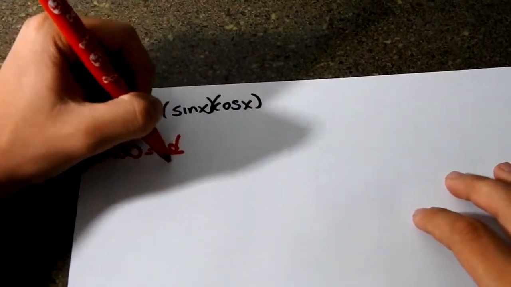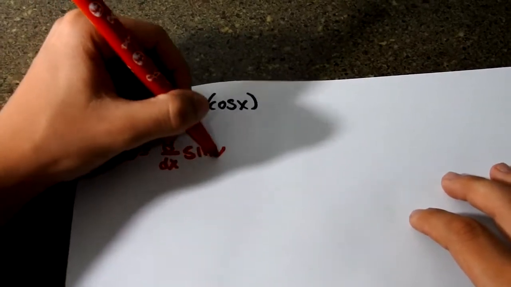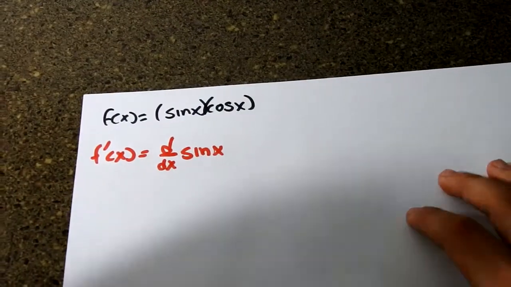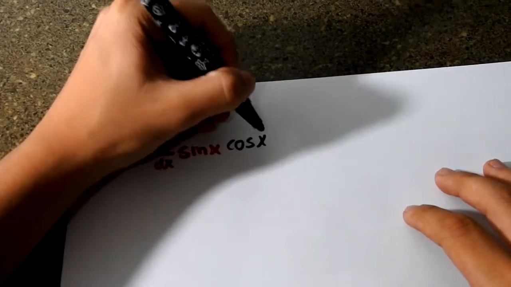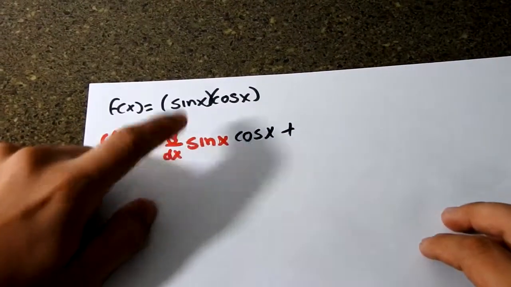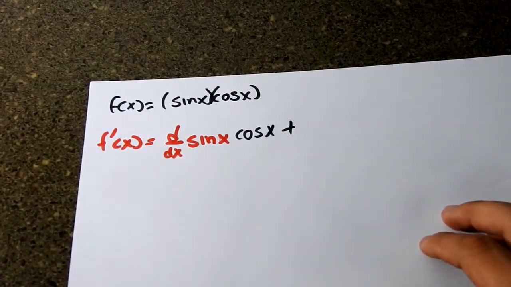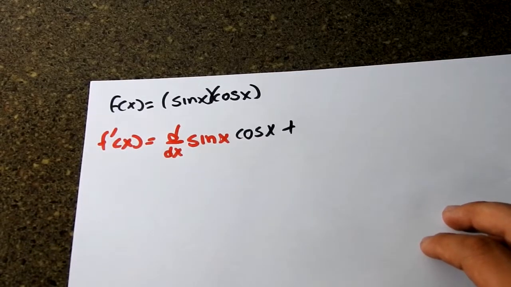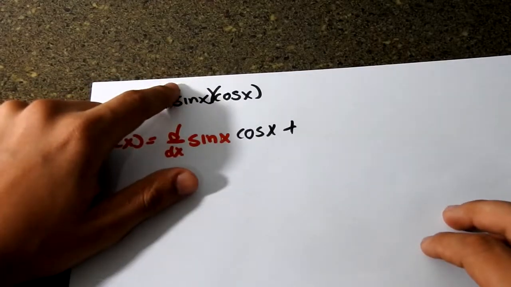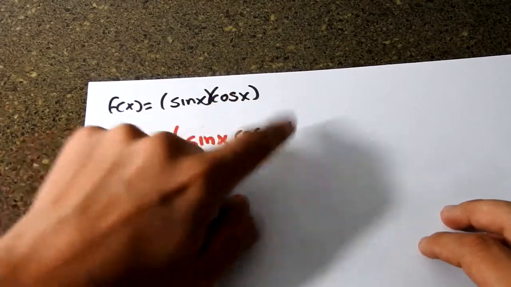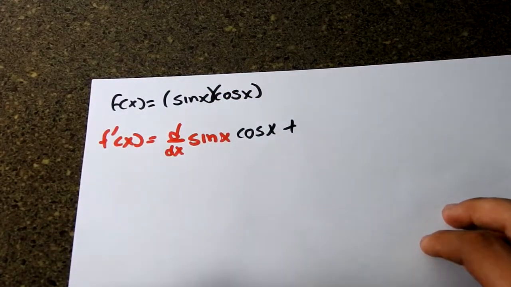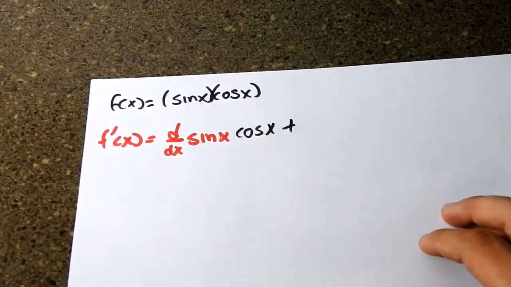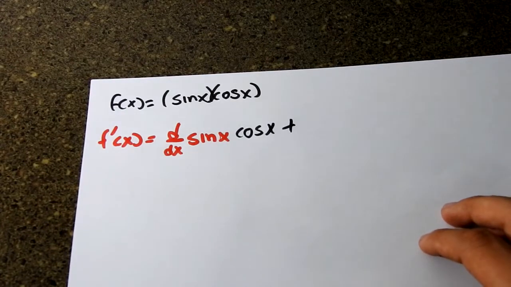So we're gonna have d over dx of sine x cosine x plus, I'm using this red color indicating the derivative, and as you know, product rule, first derivative times normal factor plus the normal factor times the second derivative. You just have to take the derivative of one and the other not, plus derivative of the other plus the factor you first took the derivative.